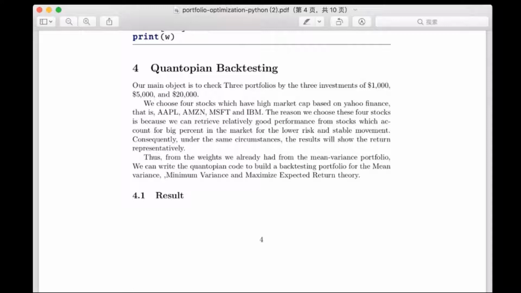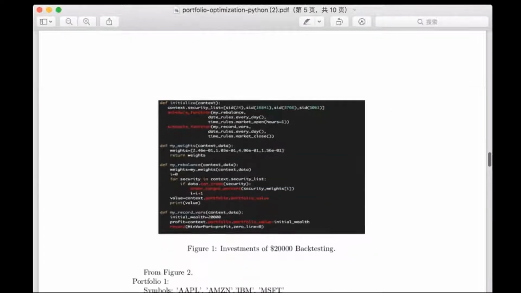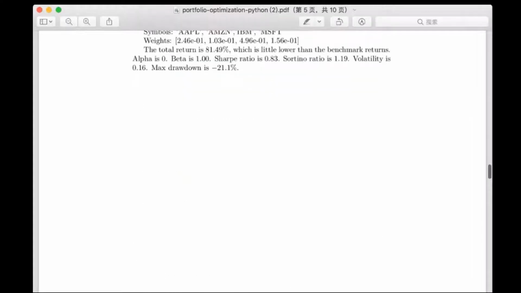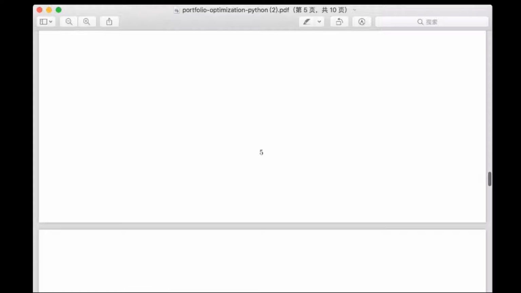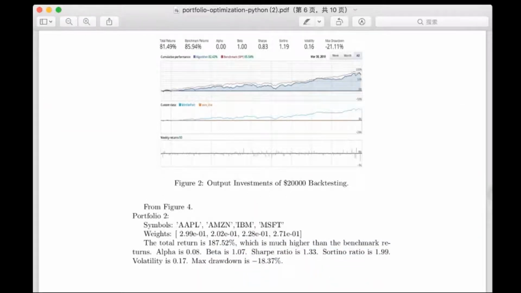Thus, from the weights we already had before, we can write the Quantopian code to build backtesting portfolios for the mean variance, minimum variance, and maximize expected return, these 3 methods. Here is the result. Here is the code of the $20,000 backtesting. From figure 2, we have the total return of 81.90%, which is a little lower than the benchmark returns, but I think it's a really good return.